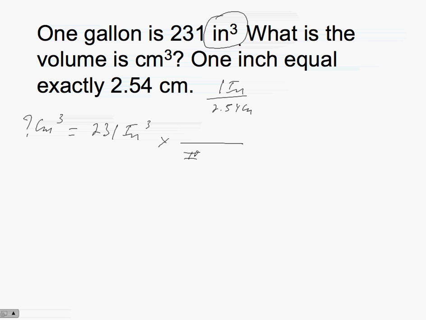I want inches to cancel out. 1 inch is equal to 2.54 centimeters. Inches cancel out. This gives me my answer in 5.8674 inches squared times centimeters, because I only canceled out one of the inches.